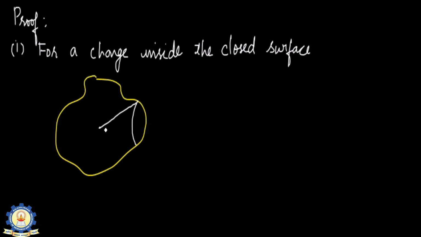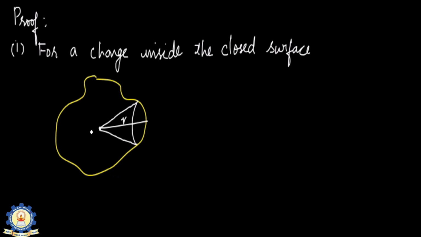So let us consider a closed surface S with positive charges inside the closed surface. So this is the point which I have considered, and a small differential element is also considered in the diagram.